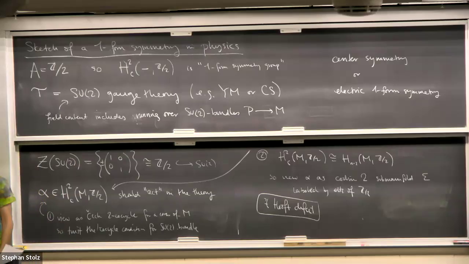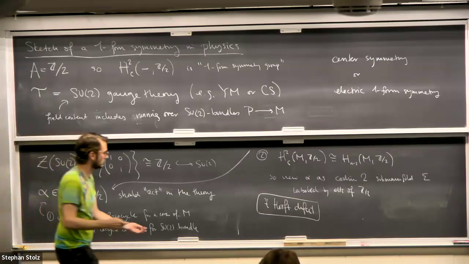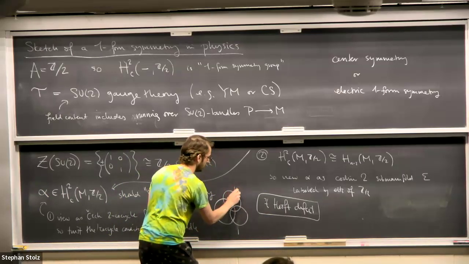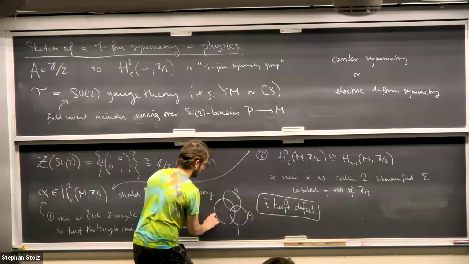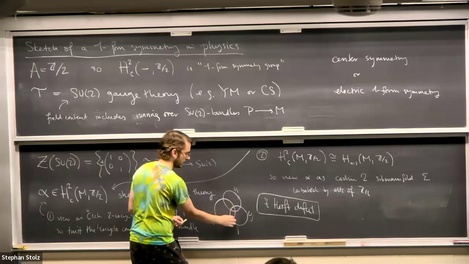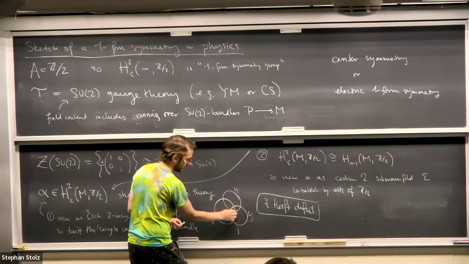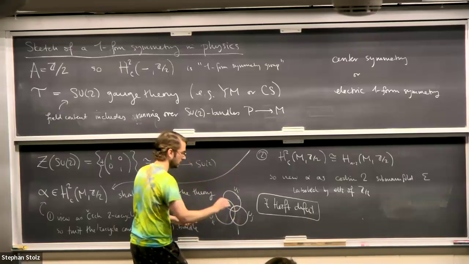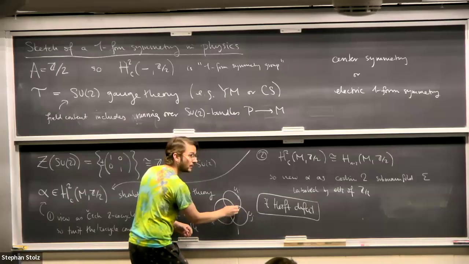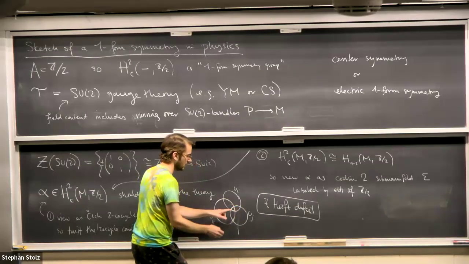Sorry, what do you mean by twist? The one cocycle. I have U_i, U_j, U_k. To write down the SU2 bundle, I pick a function on each overlap valued in SU2, and if you go around on the triple overlap, you get the identity.